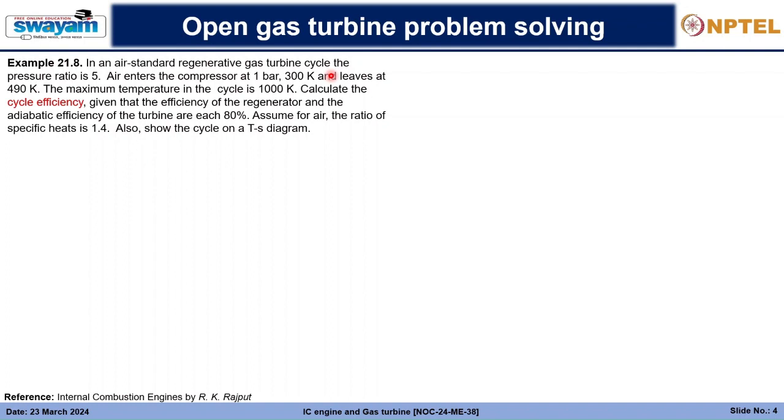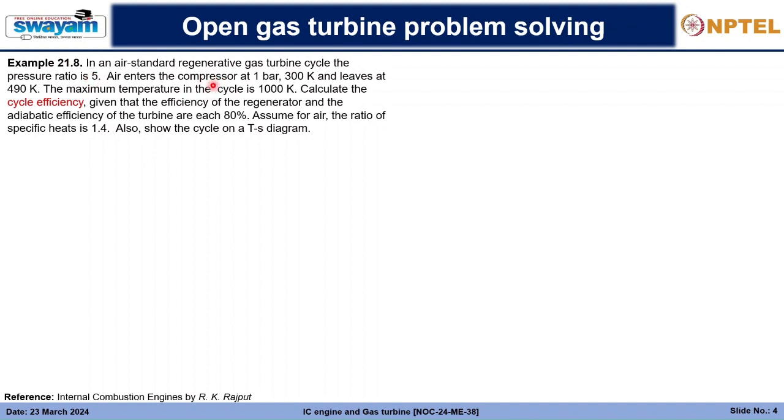Now this is the first problem. It is quite a simple problem, just to brush up on how to do all the other problems. That is quite an exercise that we have to do before solving tougher problems. The problem states that in an air standard regenerative gas turbine cycle, with emphasis on the word regenerative, the pressure ratio is 5.